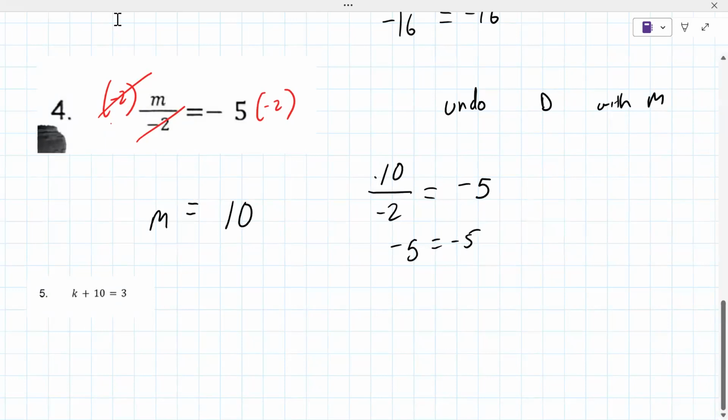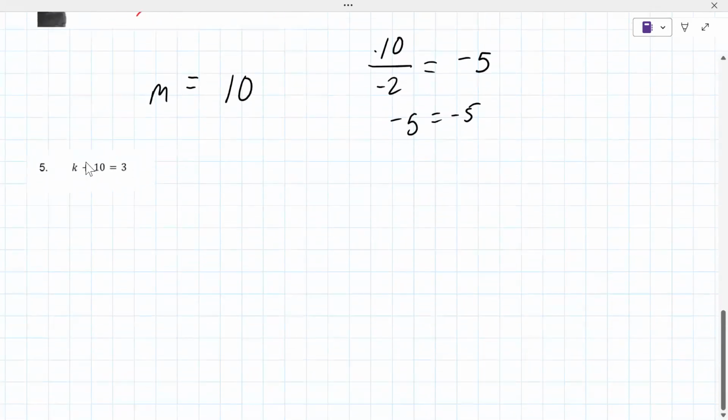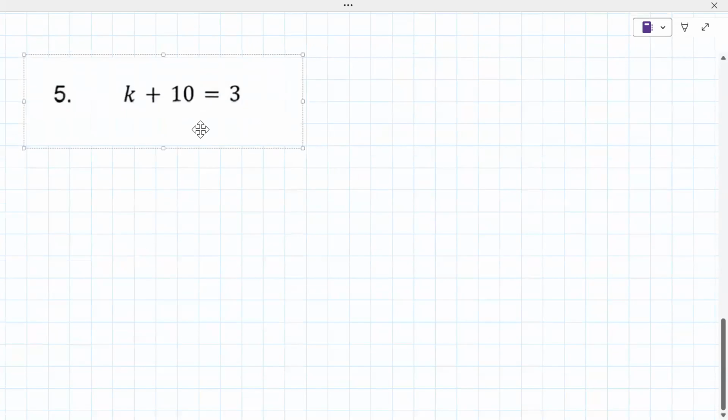The check becomes more important when you get more sophisticated equations, but you're in good shape here. Starting with number 5, I'm going to ask you to solve them, and you're just going to give me the answer whenever you've got it.